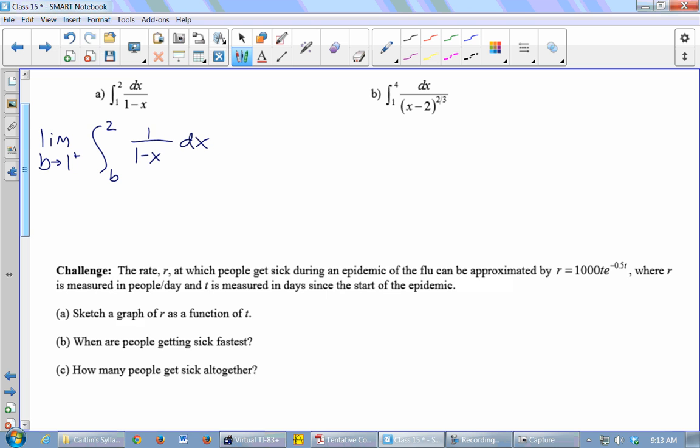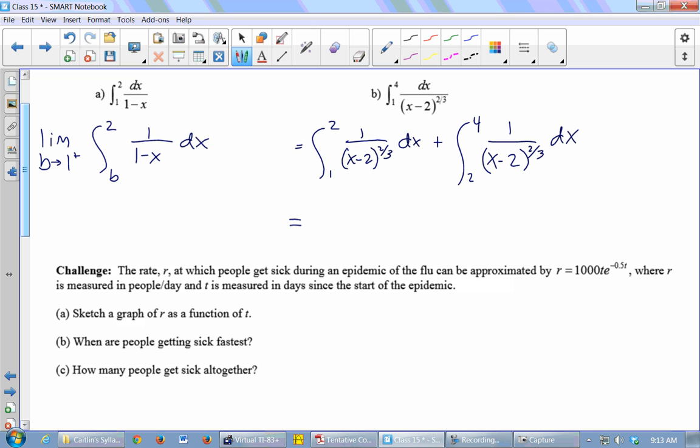at the endpoint. So I'm going to rewrite this as an integral from 1 to 2. Plus an integral from 2 to 4. And then my discontinuity is at 2.